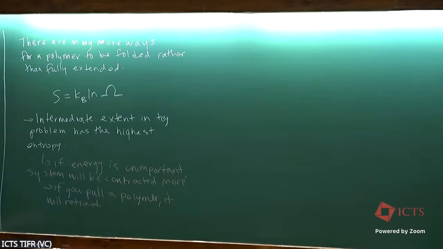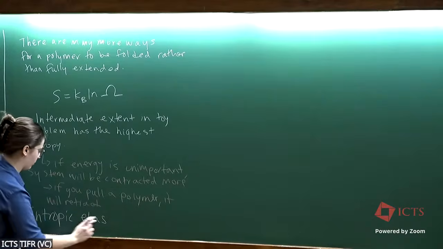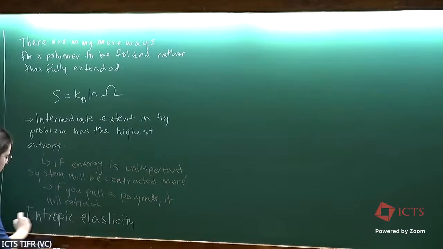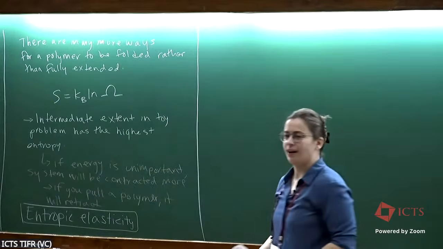And this is, again, I'm just hopefully making this point very clear, and then we will do a more elaborate model with this, but this is entropic elasticity. Okay, any questions on the setup here?